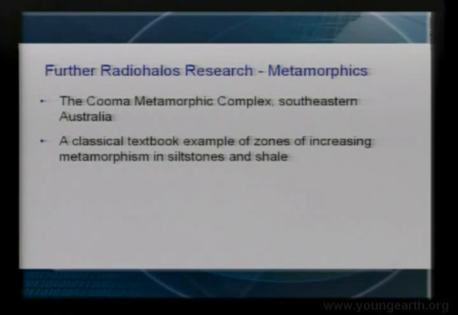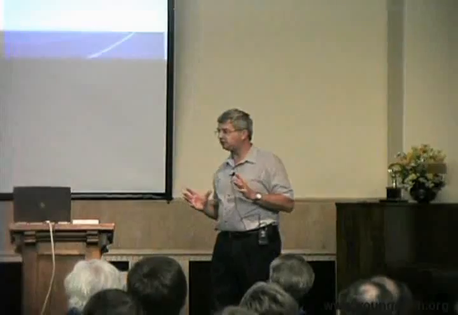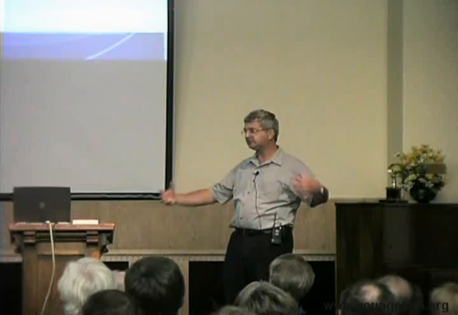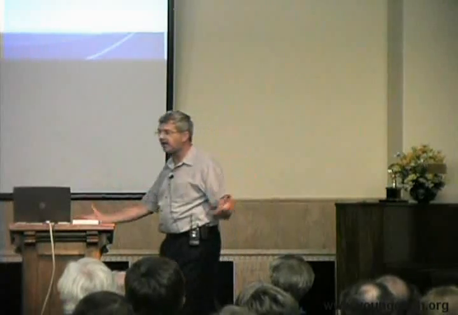In southeastern Australia, we have a classic metamorphic complex. It's a classic textbook example in the geological literature of zones of increasing metamorphism, that is the metamorphosis of original siltstones and shales into what we call schists and gneisses, which are metamorphic rocks.